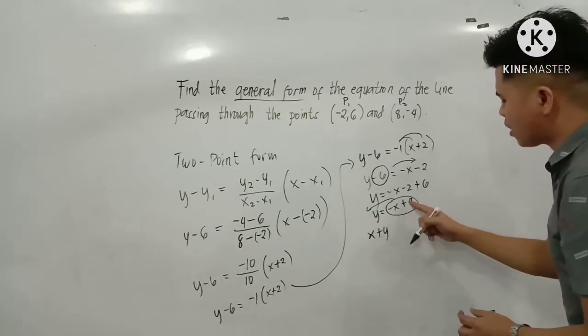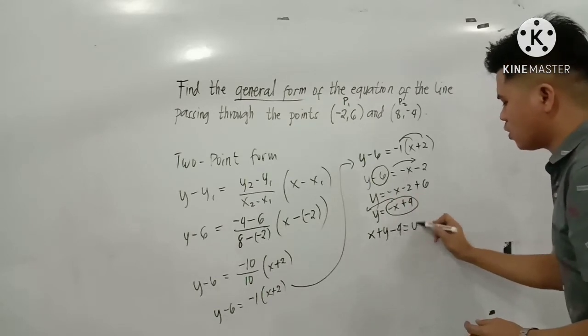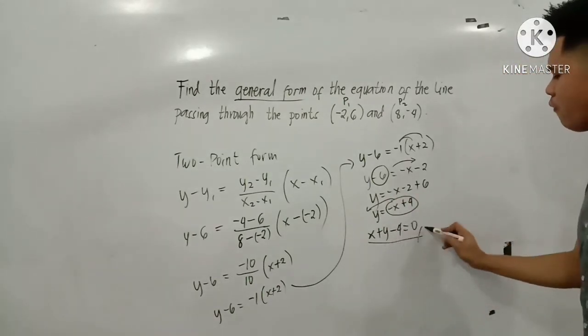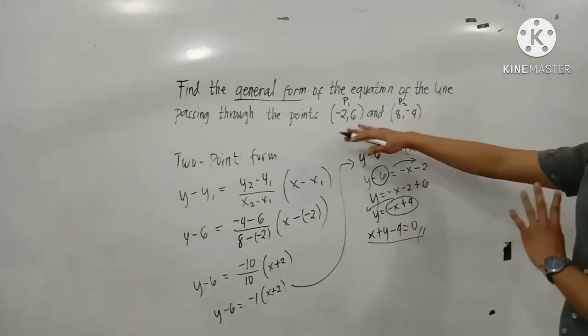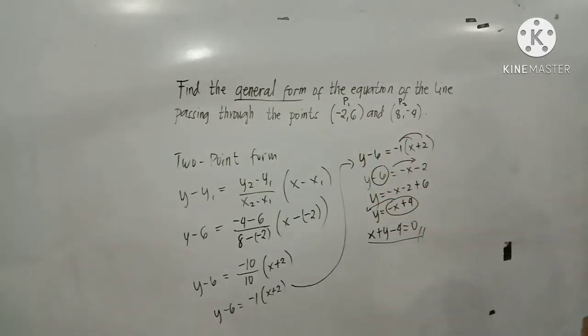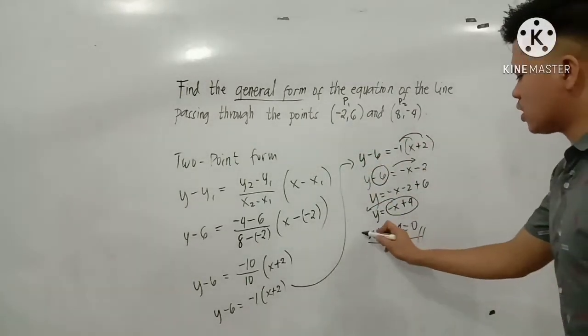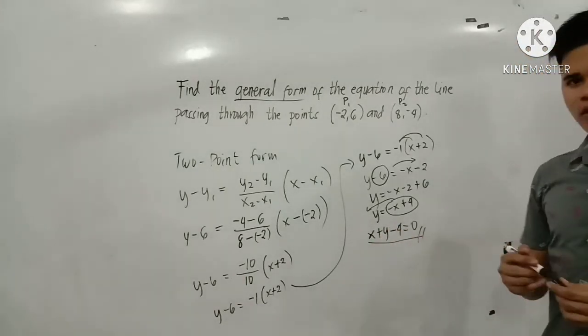Then this one, positive 4, becomes negative 4, equals 0. And this is the general form of the equation of the line passing through the given 2 points. The first ordered pair is negative 2, 6, and the second ordered pair is 8 and negative 4. So this is our answer. I hope this is clear.